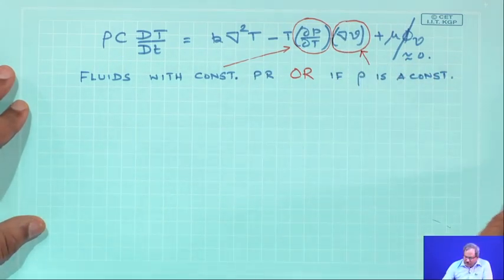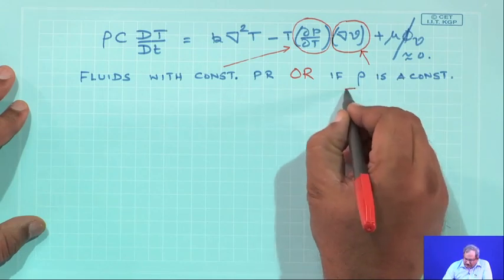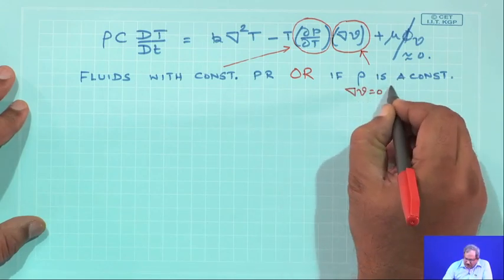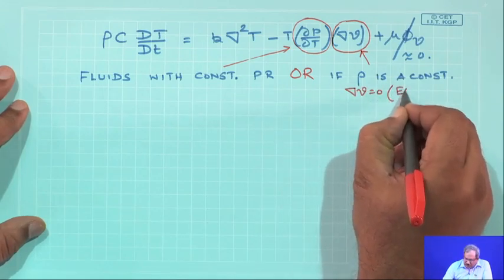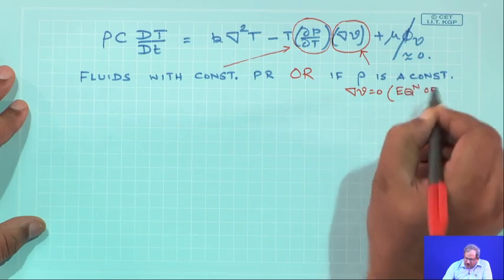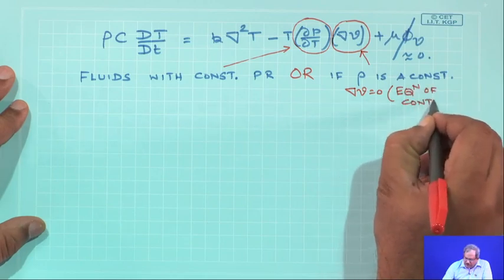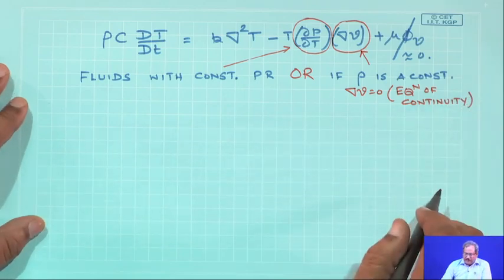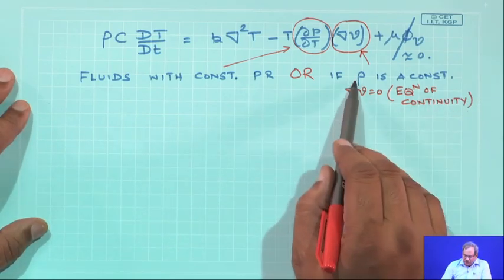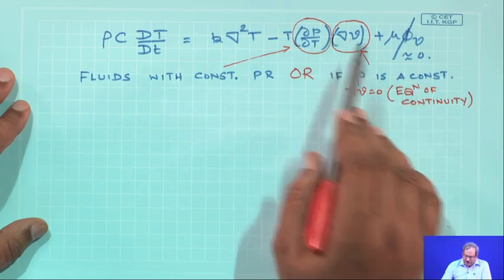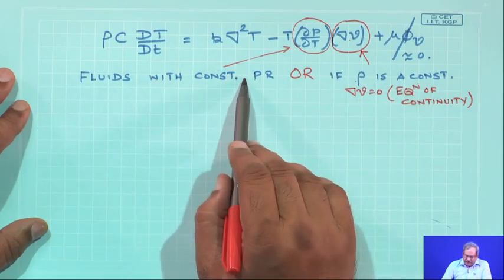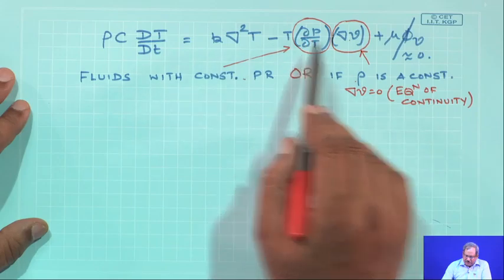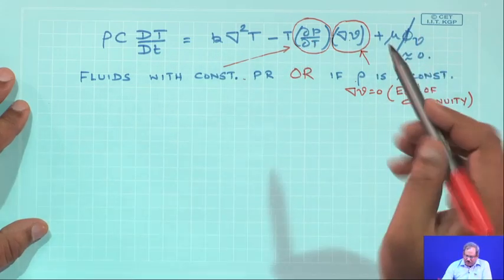So, if rho is a constant, then del dot V would be equal to 0, which is nothing but one form of equation of continuity that you must have studied in fluid mechanics. So, if rho is a constant, this part would be 0. If fluid is at a constant pressure, then this term would be 0, and this is anyway equal to 0.